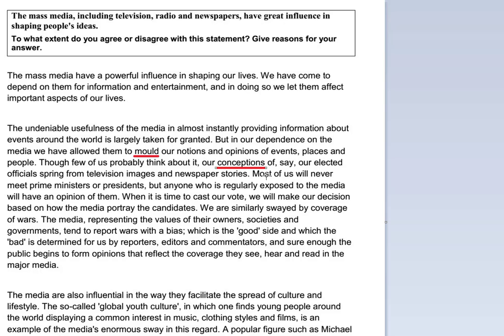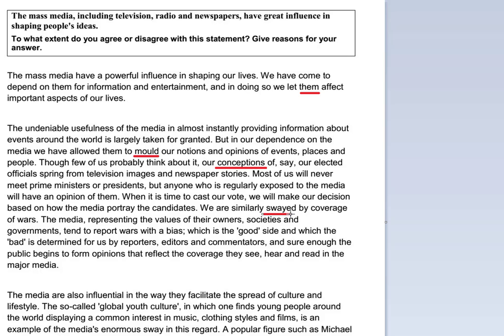"Conception" is quite good. Let's have an opinion on them. This "them" bothers me still. Oh no, it's not this "them", it's the other ones here. The "it". This is a singular noun.